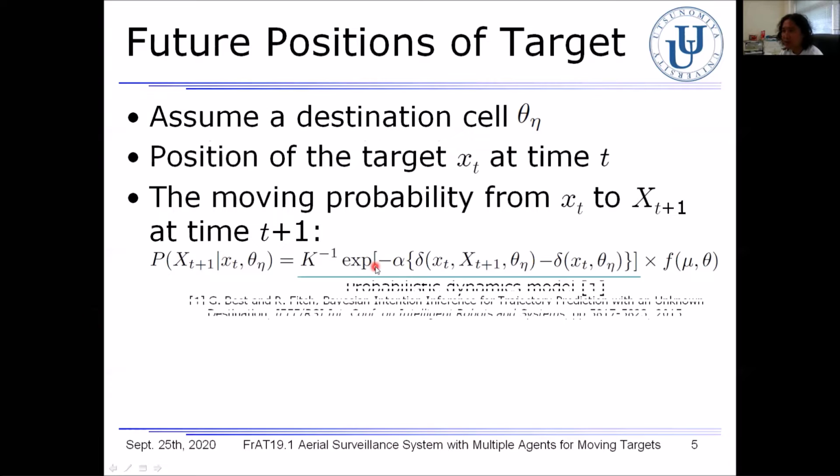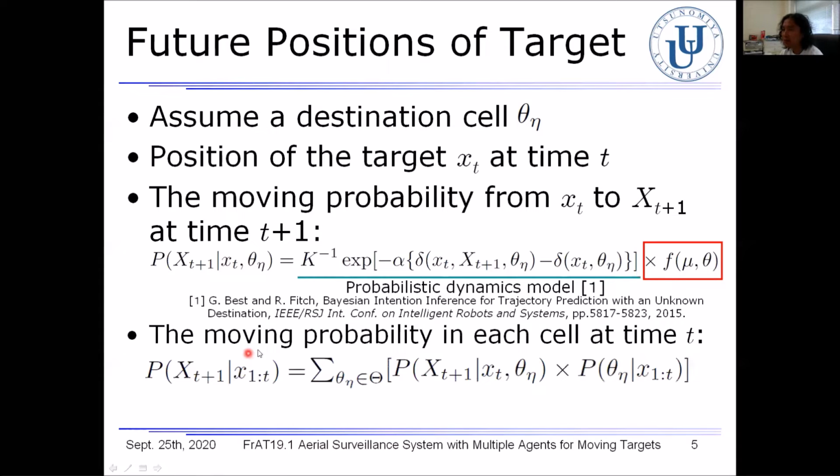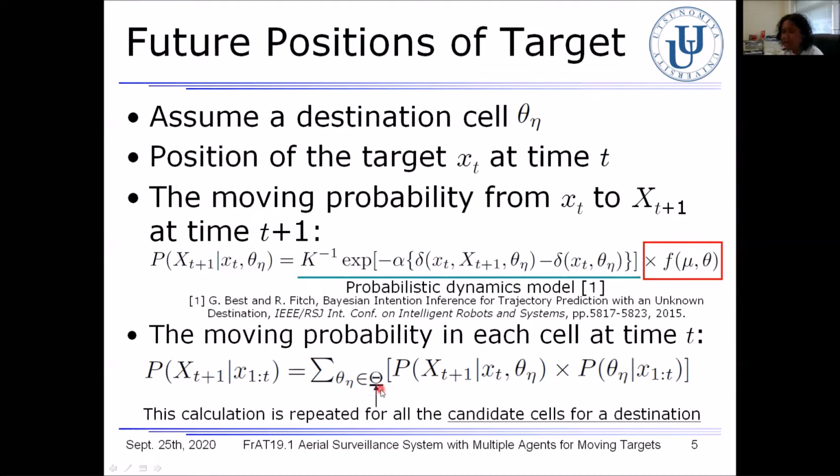This equation is first based on a probabilistic dynamics model. And as you can see here, in the last factor, the probability density function is additionally used in this model. So as a result, the moving probability of the target is calculated in consideration of the moving direction, even in the aerial environment. Here, the parameter theta represents a set of the candidate cells for destination.